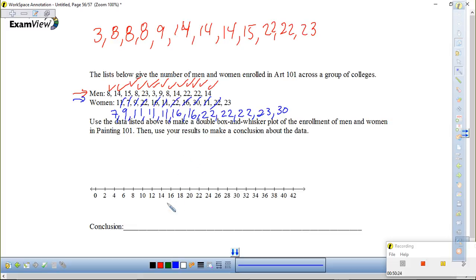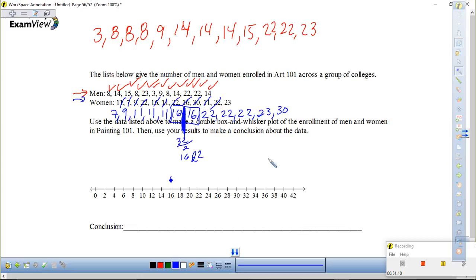Shakira, what do we do? Find the median. So let's see. There's 12 numbers, 2, 4, 6, 8, 10, 12. So the median would be about right here. Do we have a median? No. So we add these two. That's 32. Divided by 2, that's 16. That's our Q2. 16 goes right there.